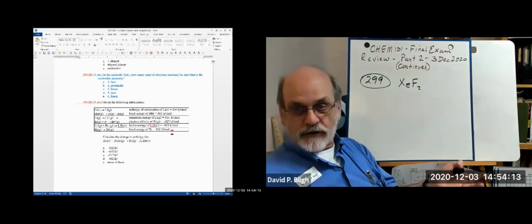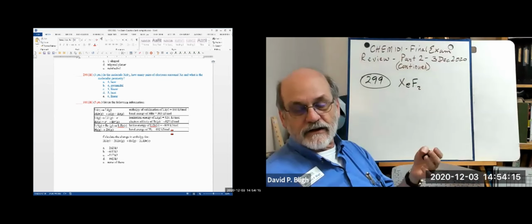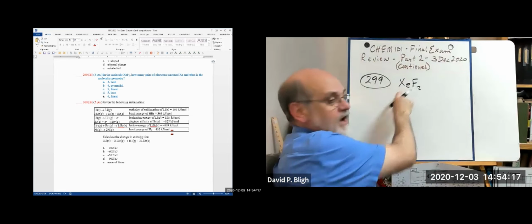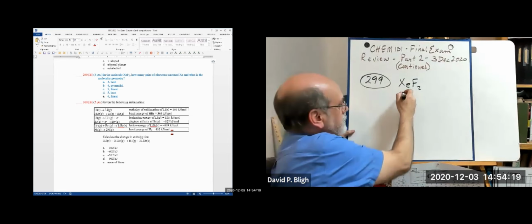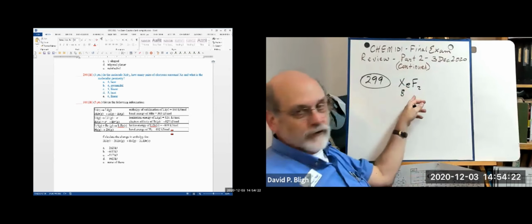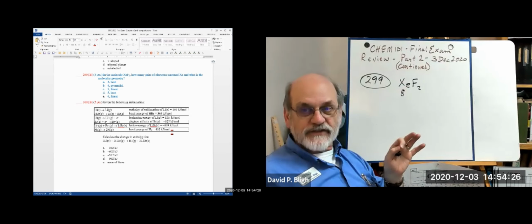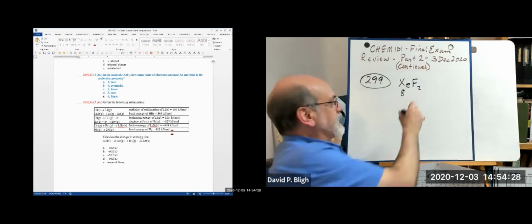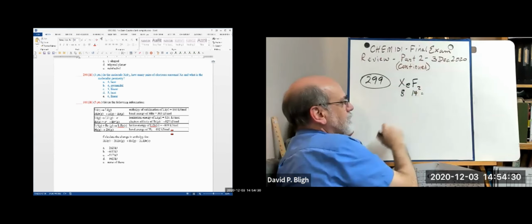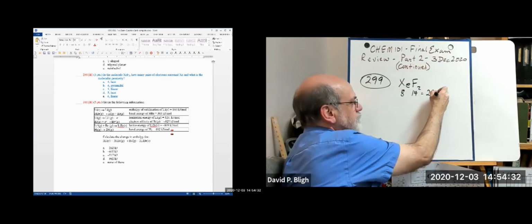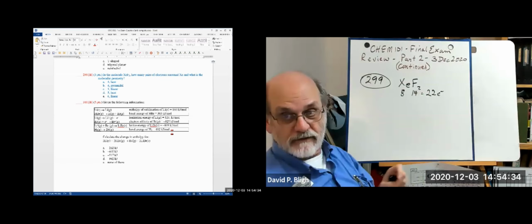How many valence electrons are there? Xenon is a noble gas. There are 8. Fluorine is a halogen, so it has 7 each, which means 14, which means 22 electrons in the valence shells.